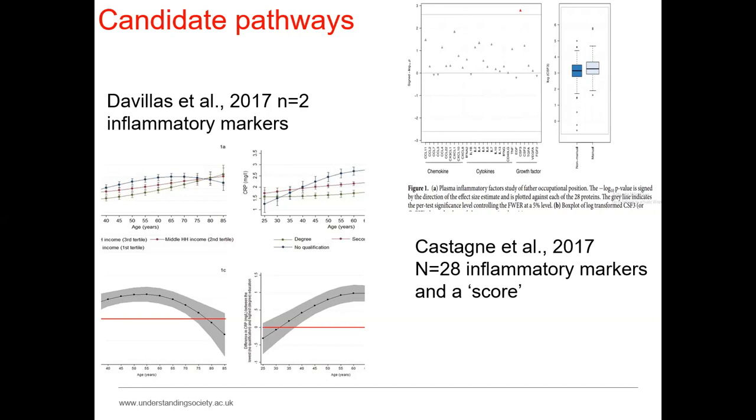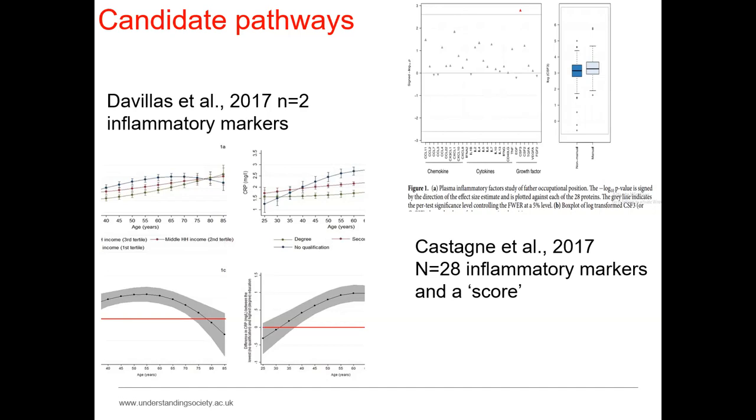Other people at the same time were thinking, maybe we haven't measured the right inflammatory marker, and looked at a wider set of inflammatory markers. This paper by Castagné measured 28 inflammatory markers, looked at occupational differences in those markers, and created a score to help us understand which inflammatory markers might be most pertinent to social differences in health.